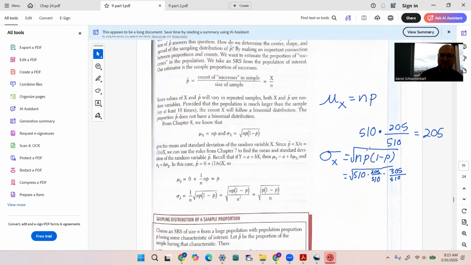It's basically NP is the number for, and 1 minus P is the proportion against. Or N times proportion for, N times proportion against. And we're going to see that a lot.